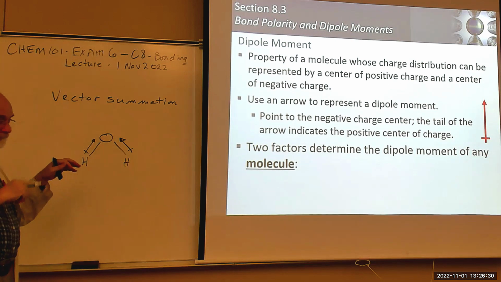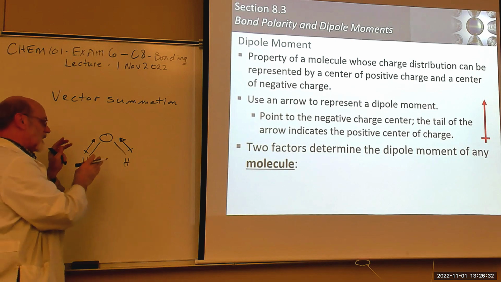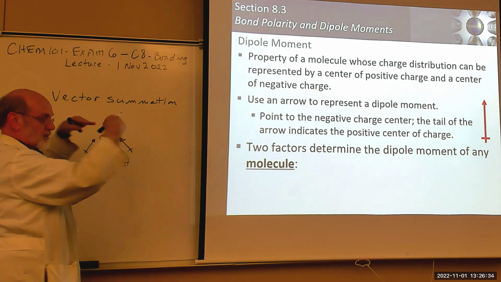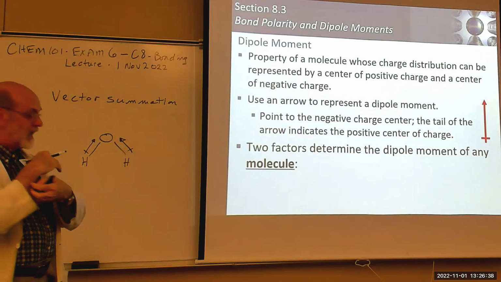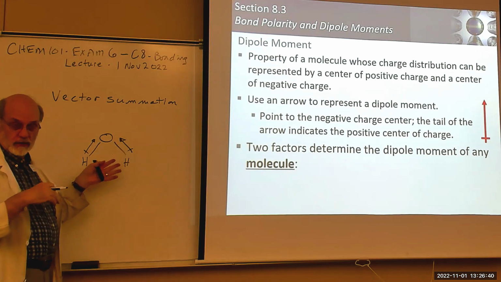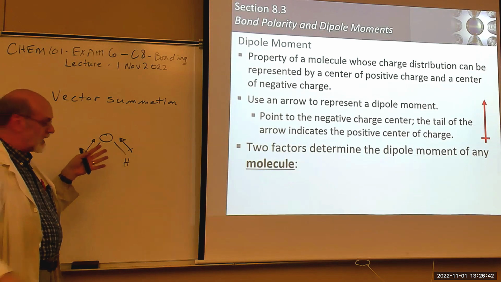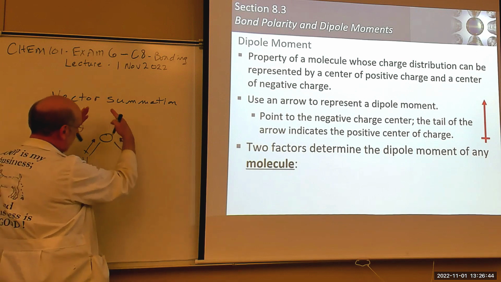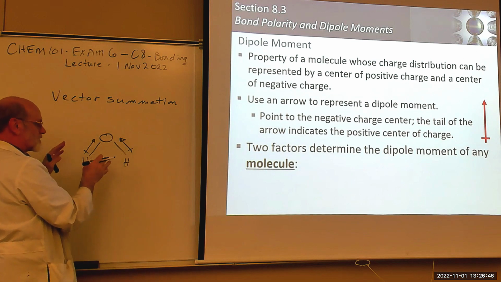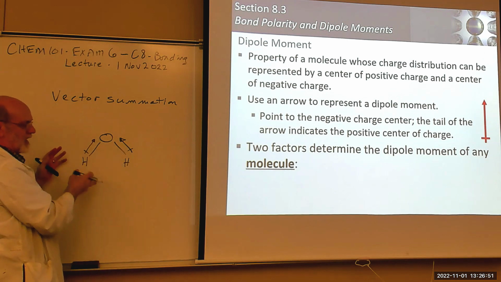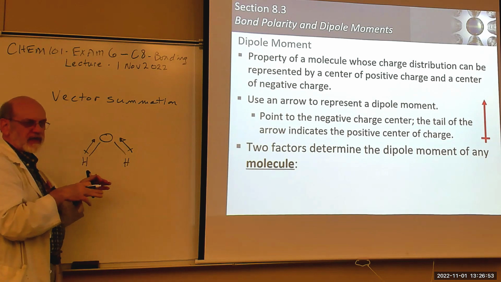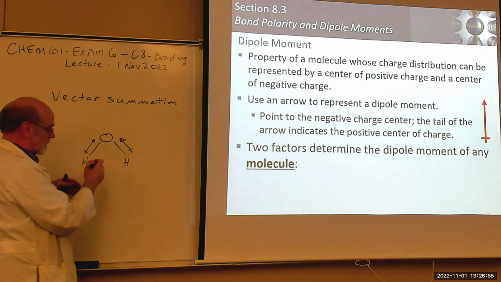If the bonds were opposite each other like this, they would cancel each other out, and the molecule would be nonpolar. But the geometry says they're both pointing in generally that direction. Vector summation says if we represented that polarity with a single arrow, how big would it be and what direction would it go?